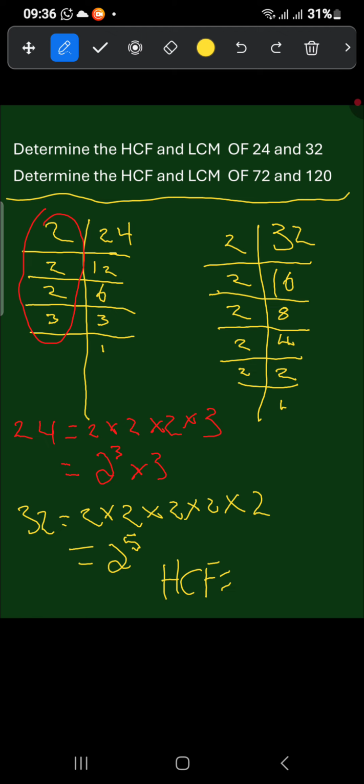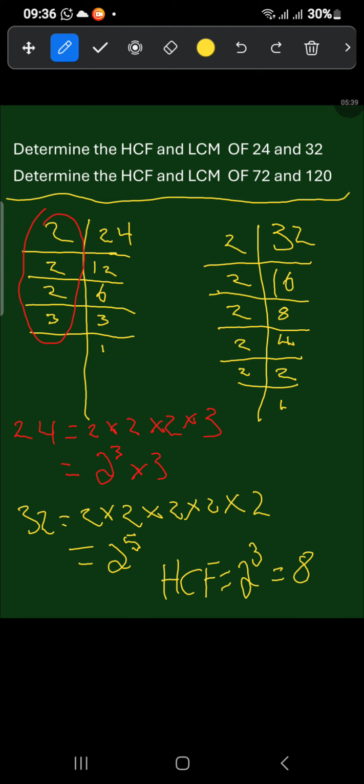But you must take the lower exponent, the smallest exponent. So it is 2 to the power 3, which is the same as 8. 8 is the highest common factor.